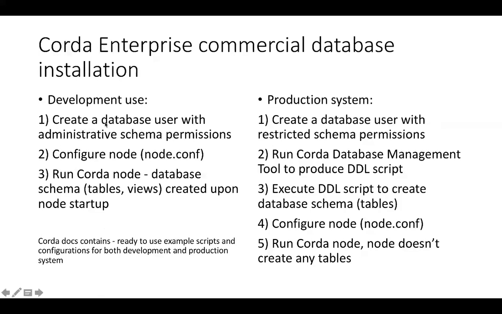Then you need to add configuration to the node to point to the database, to the right schema and other credentials. And then you just run the Corda node. Upon startup, the node will detect that this is a fresh installation and will create all tables while starting.